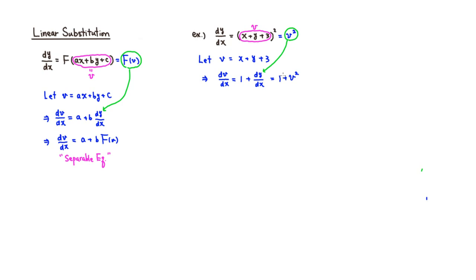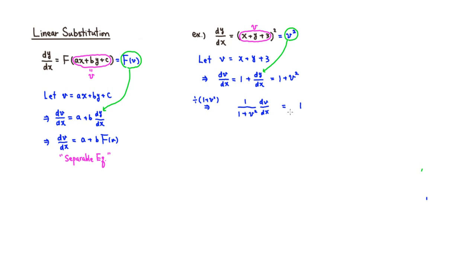So we're going to put all the v's on one side and all the x's on the other side. So I'm going to divide through by quantity 1 plus v squared, right? So you would get 1 over 1 plus v squared times dv over dx, which was already there, and this is equal to, you divide 1 plus v squared by itself, you're going to get 1 left over, right?